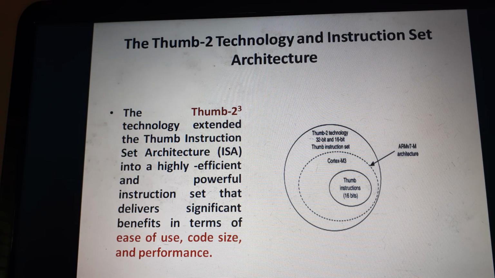Traditional ARM processors supported two sets of instructions. One is the ARM instruction set, another one is the Thumb instruction set. ARM instruction sets are 32-bit, Thumb instruction set is 16-bit.